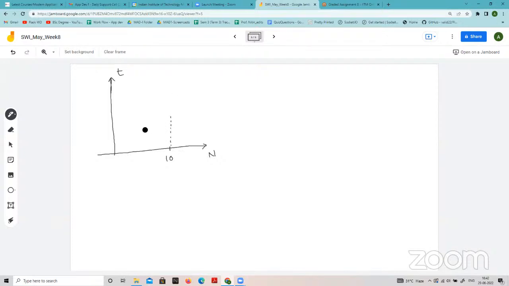This is point 10. This is one function. Note that I'm drawing a straight line, although it doesn't look straight, and the other function. Let me draw the same thing once again. This is again n, this is t, and this is 10.